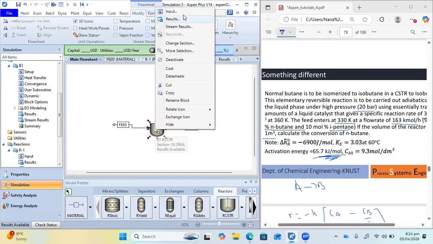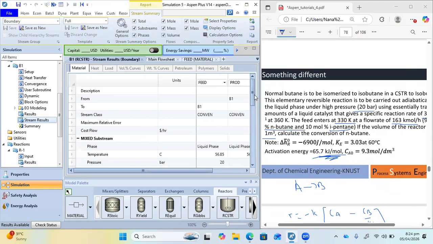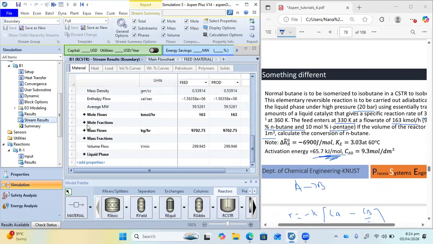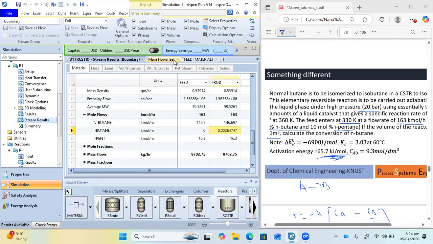And then we can look at the stream results. So the mole flows. So we see that a very small amount of iButane was formed.